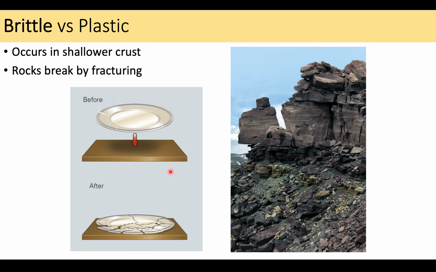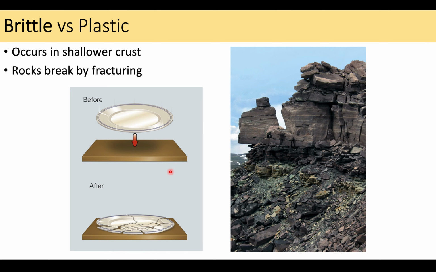Different types of deformation depend on what type of material you are working with. So are we looking at brittle versus plastic, the two main ones. When we're talking about a brittle material, this is where we generally see brittle material in shallow crust near the surface.